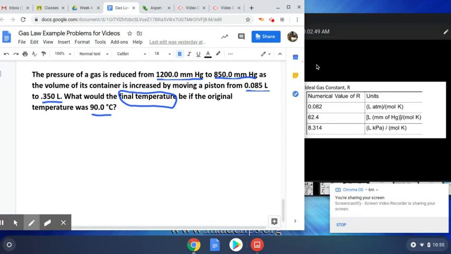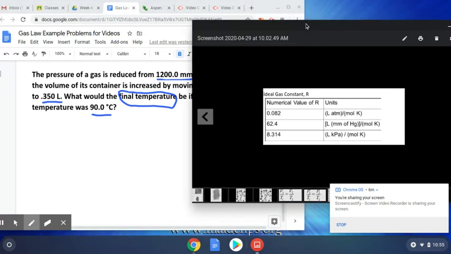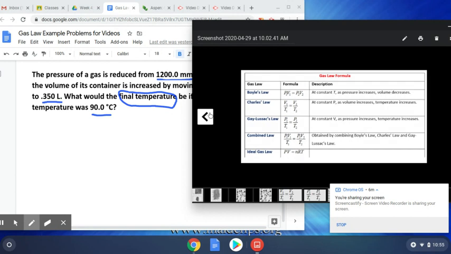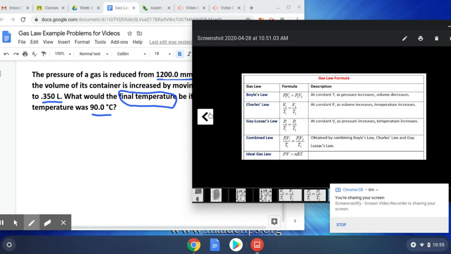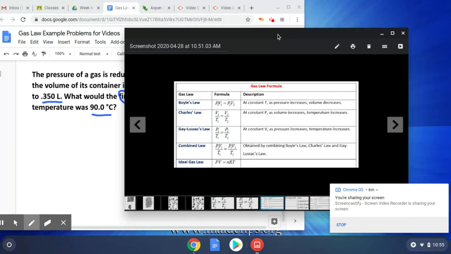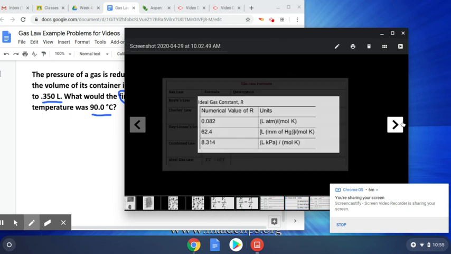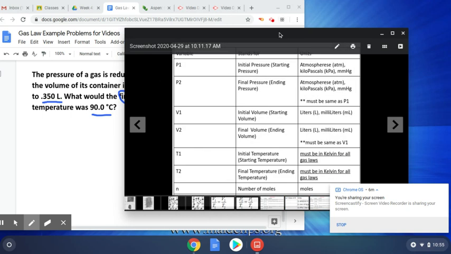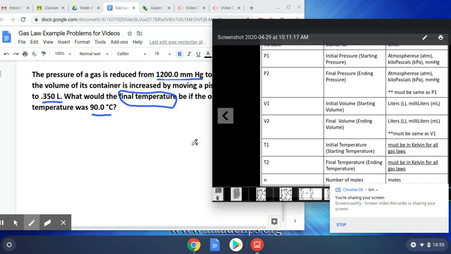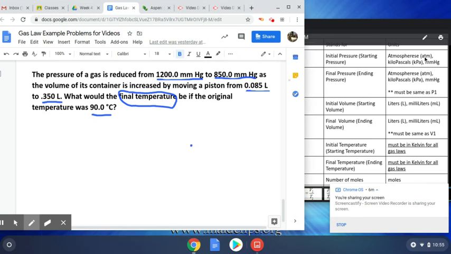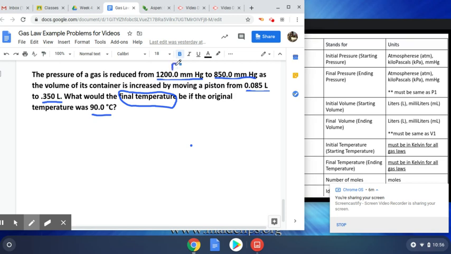And now we're going to label all this stuff. So mmHg is going to be pressure. And we have one pressure and two pressures.